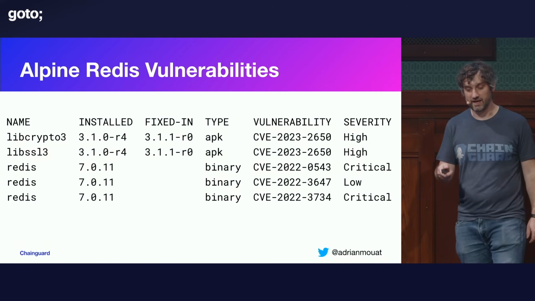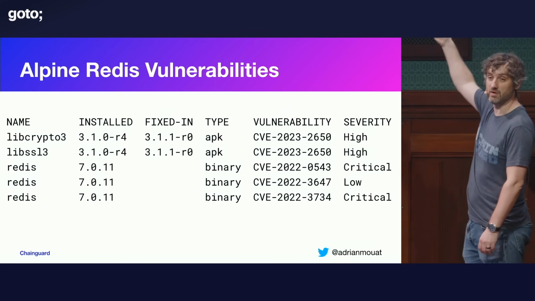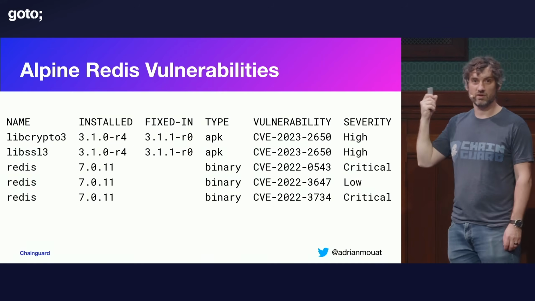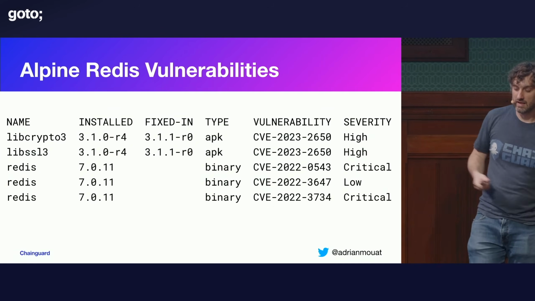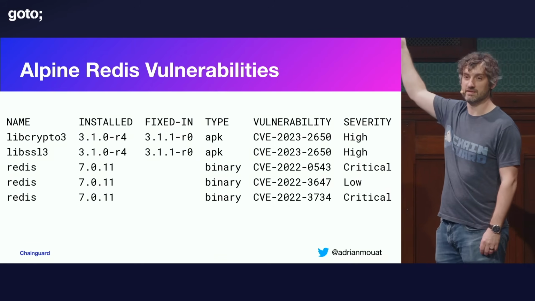So if we go back to Alpine Redis vulnerabilities, these top two are now gone. But when I ran this scan a few weeks ago, the top two turned up. And the top two are kind of interesting because you'll see it says fixed in.